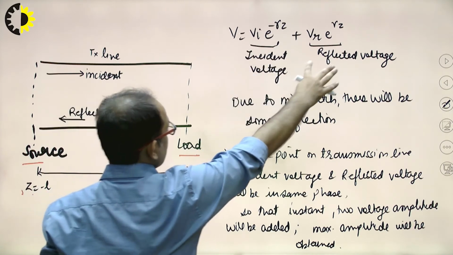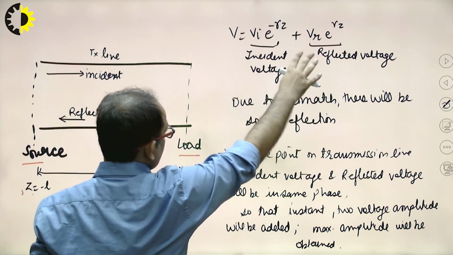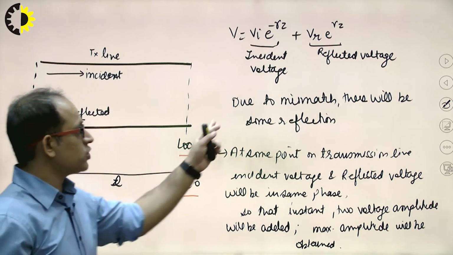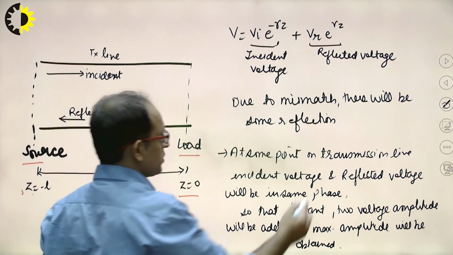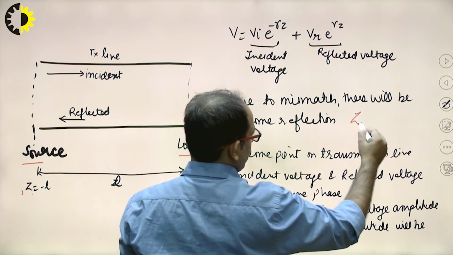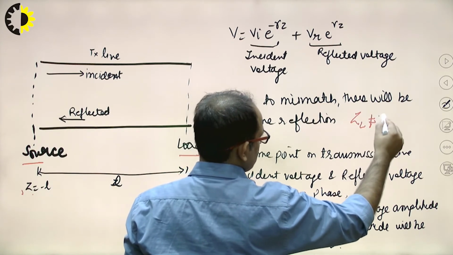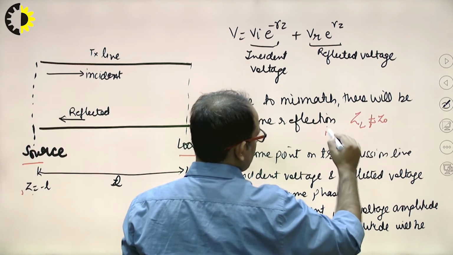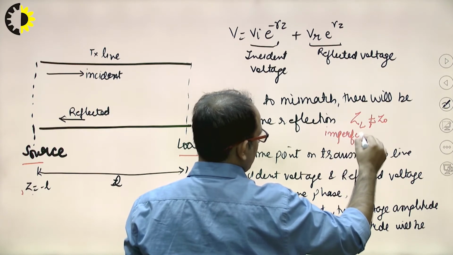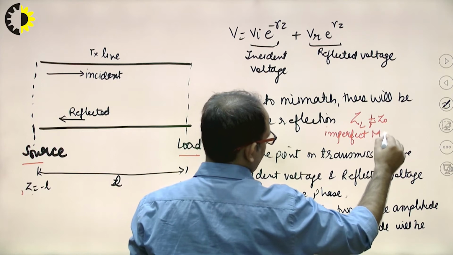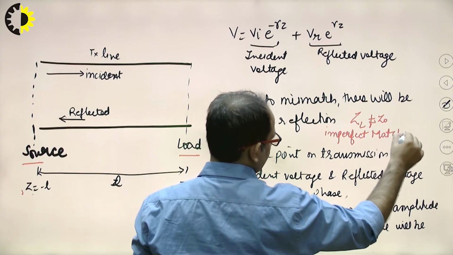Incident voltage plus reflected voltage. Now due to the mismatch there will be some reflection. I have already told you that mismatch occurs when ZL is not equal to Z0, or I can say when there is imperfect matching.